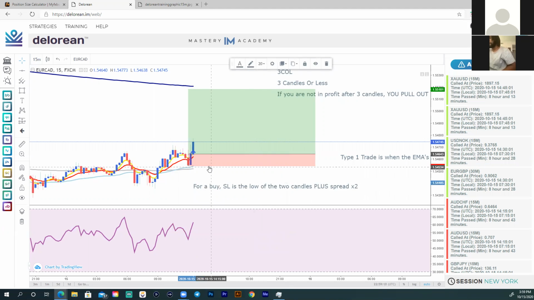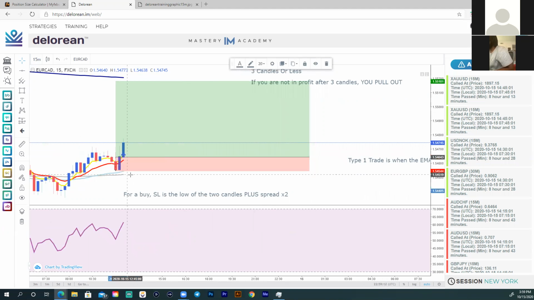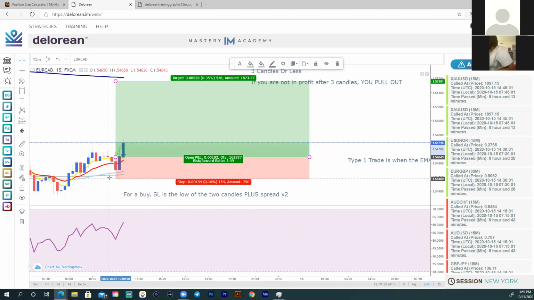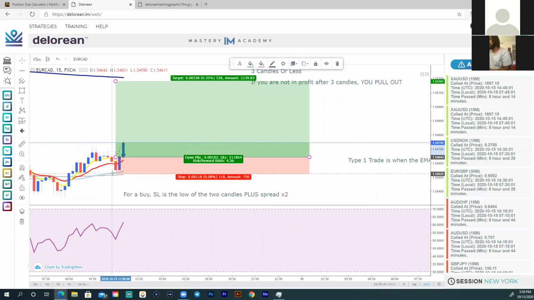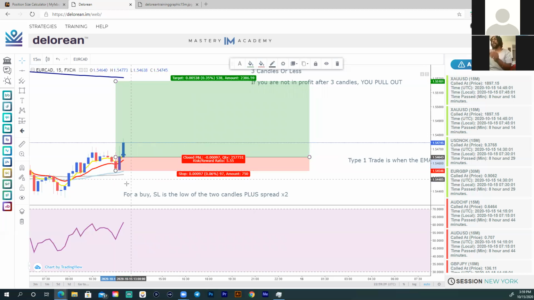This means that if you're looking at this candle, right? Below this candle, this includes the wicks. So whatever Delorean you see, you include the wick in your stop loss. Since our wick is literally right here, this is where our initial stop loss would be. But I did not factor in the spread yet, this plus part.